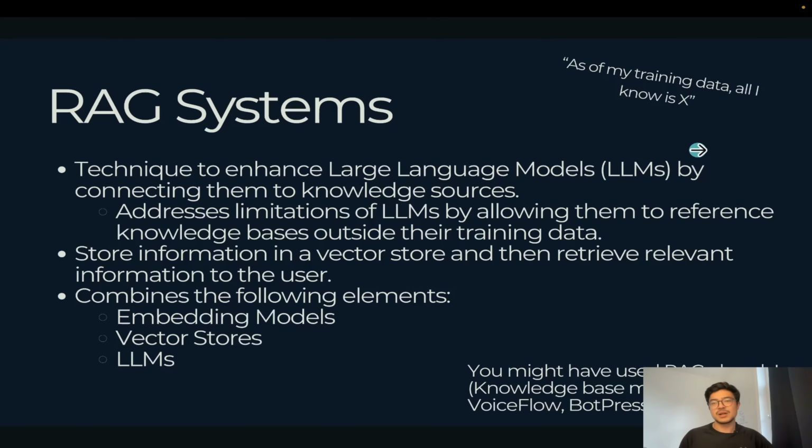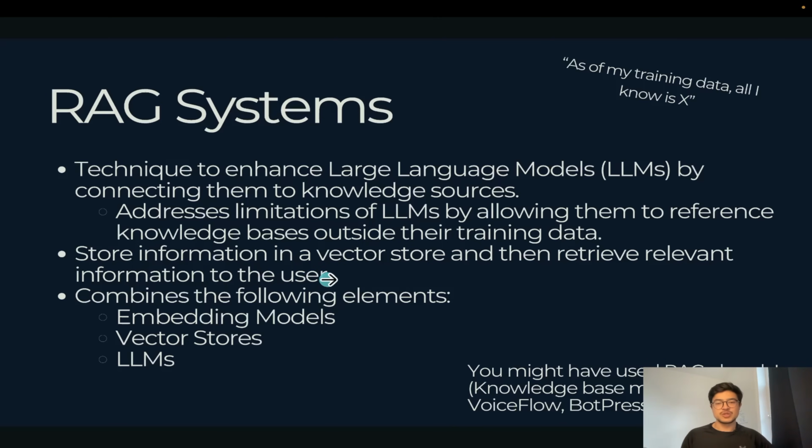So whenever you ask a language model that's not connected to anything outside of itself, you probably got something like, as of my training data, I can't give you an answer, all I know is X, right? So attaching a RAG system on it would allow the language model to have knowledge on a specific domain, right? Or a specific set of files that you give it.